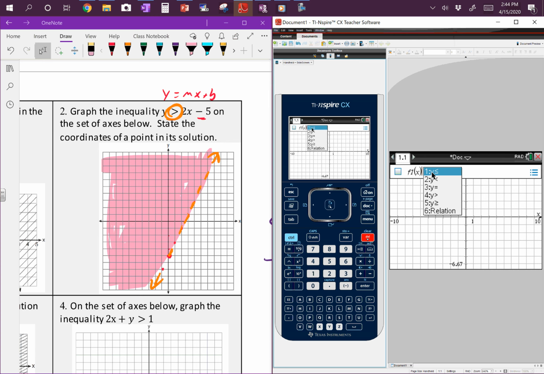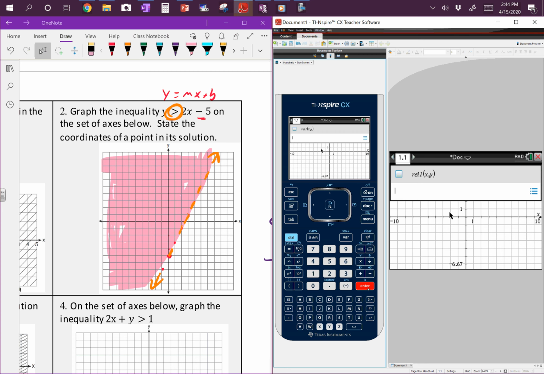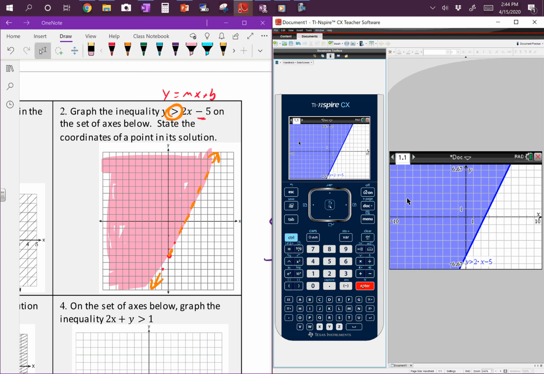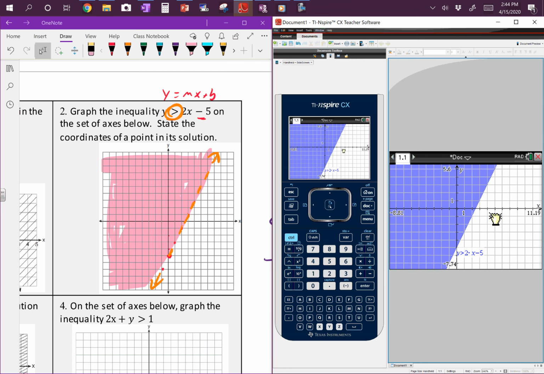I would delete the equal sign, go down to relationship, enter, and then we would say y is greater than, so control equals, greater than, right there, 2x minus 5, enter, and hey, look at that. Isn't that beautiful? Notice, what did they do wrong? When it first shows up, it shows up as a solid line, but if you click off of it, it's going to be a dotted line right there.